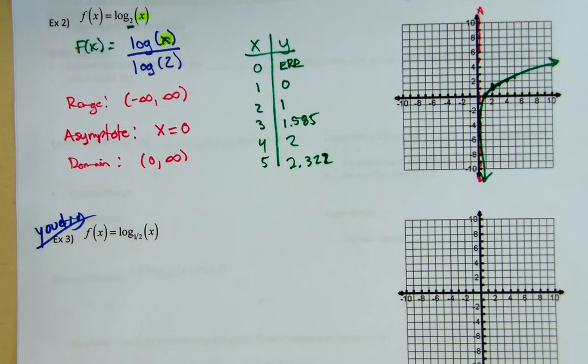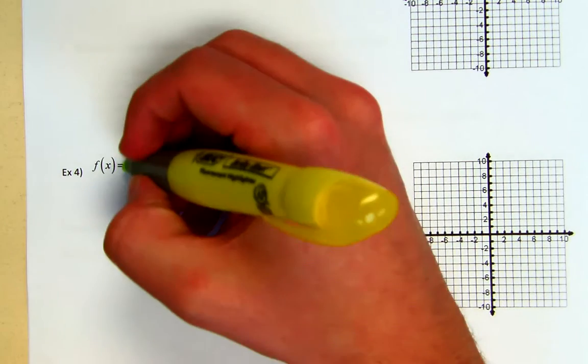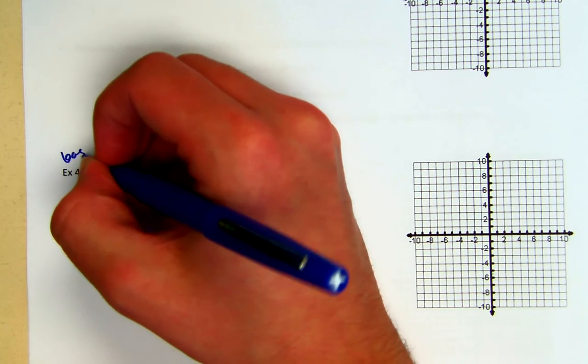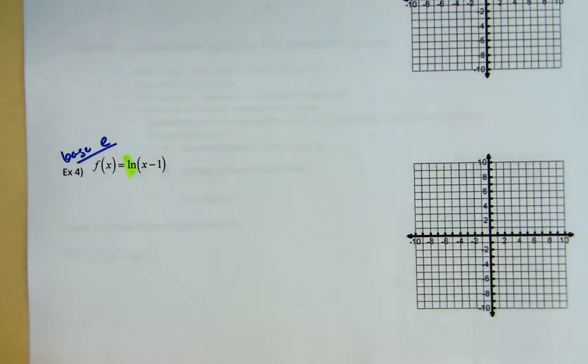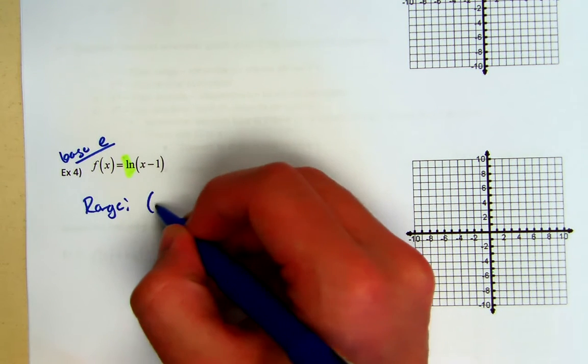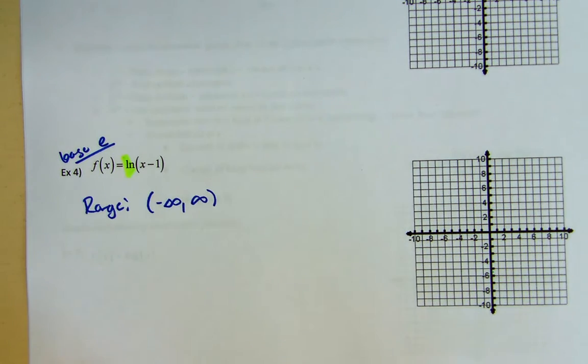We're going to talk about the last one because it looks a little bit different. So I see natural log there. Anytime you see natural log, you should think base e. Well, your calculator can do base e, so we don't need to change anything here. So start with range. Again, same thing. It's a log, so range is everything.